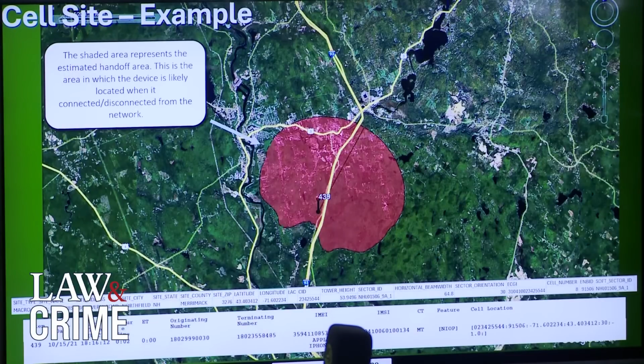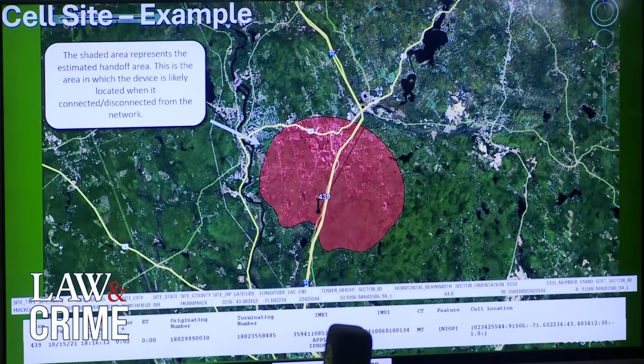This is something that my tool, Accurate Tracks, will actually map out as well. This is the estimated handoff area of that cell site. This is not coverage. This is the area in which the device likely was in order to use that cell site before it would hand off to another cell site for that better quality signal.